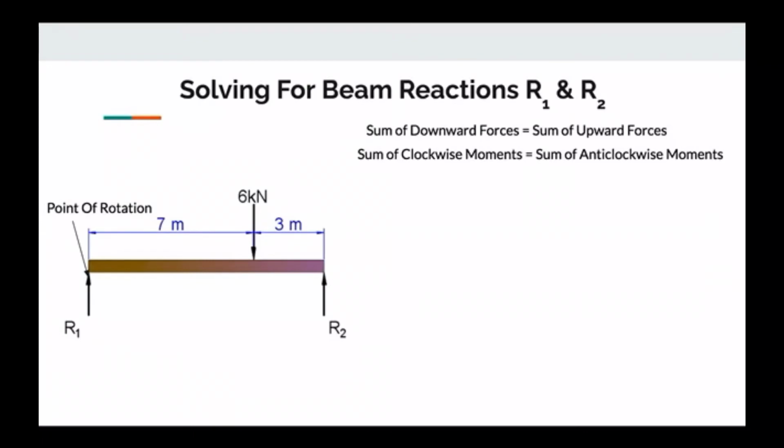Let me show you what I mean. We are taking moments at point R1, where that force is. We already know that the moment for R1 is equal to 0. Let's look at the 6 kilonewton moment.